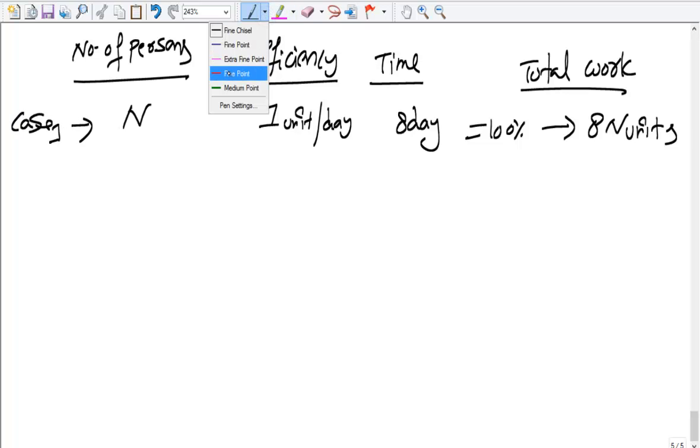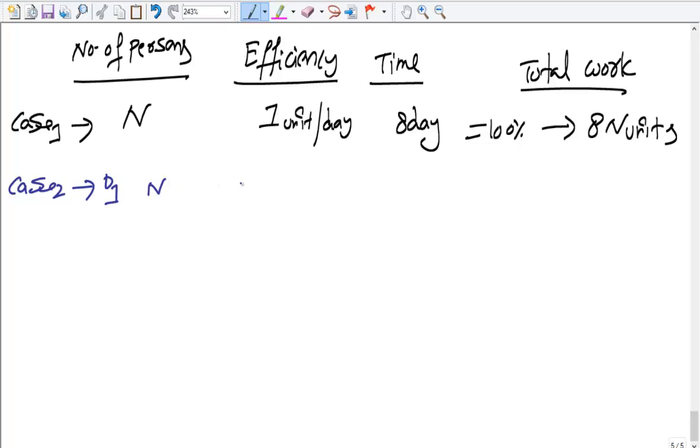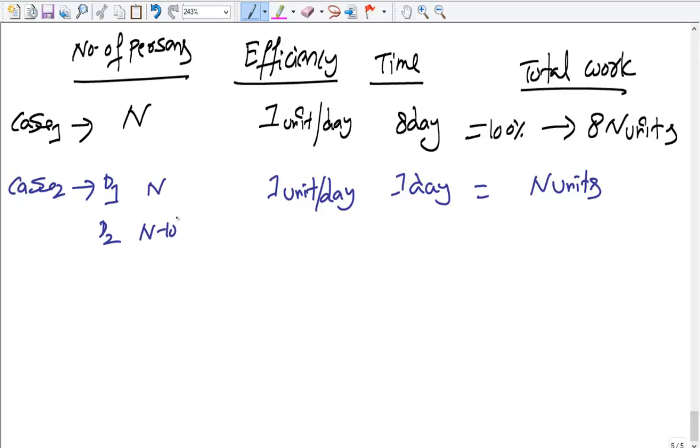What is given in case number 2 is on day 1, n people are present, that means they finish n units, because 1 unit per day is each person's capacity. From the second day onwards 10 people will leave every day, so n minus 10 people, that's going to be n minus 10 units of work.